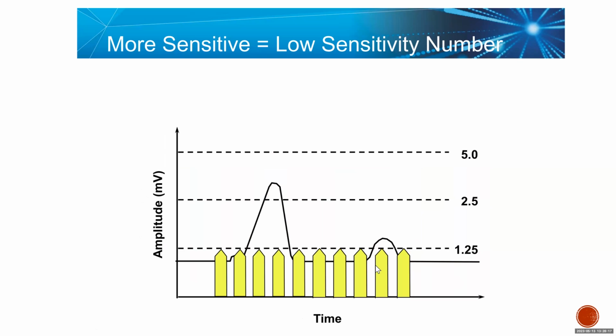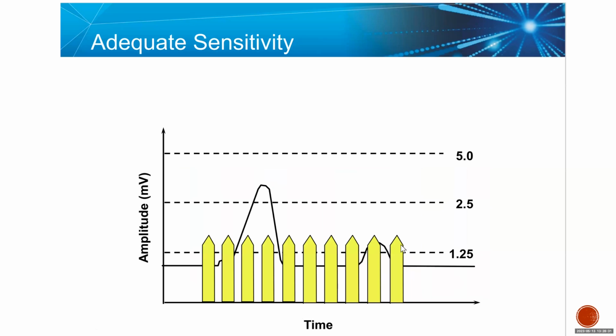So it will see many things that might not be R wave. Here, for example, it will see the T wave and think that this is an R wave and it will inhibit pacing, which is a problem. So it's a balance. This is a perfect sensitivity threshold where we only see the R wave, we see it very clearly. So even if it changes a little bit with time, we still have a safety margin.